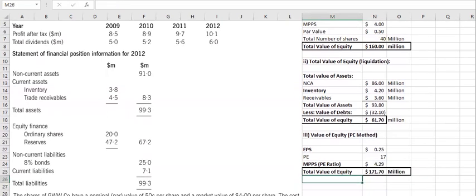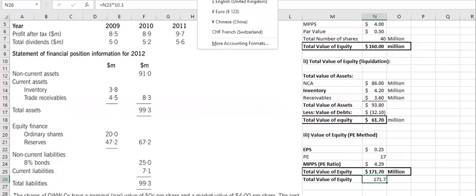We could have easily calculated this value by simply multiplying the PE ratio with the total earnings of the company instead of the earning per share. If we have the total earning, we can simply multiply the total earning figure by the PE ratio to find out the total value. So the total earnings were 10.1. So if I multiply it by the PE ratio, I'll get the same figure as above.